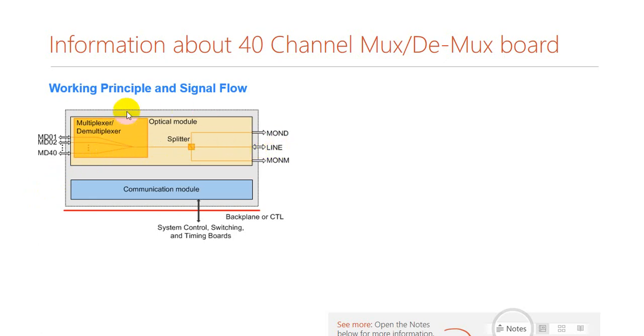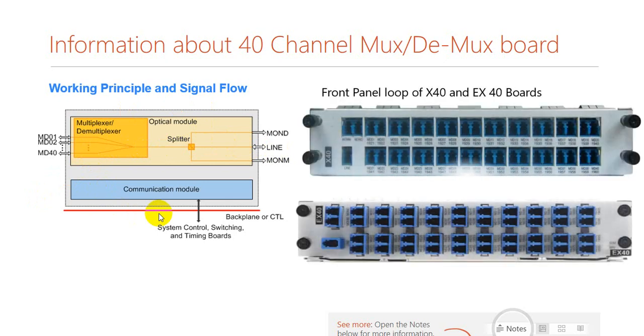This board is shown with two directions, which means the same board can be used as a multiplexer as well as a demultiplexer. The port is called multiplexer demultiplexer number 1, and it is both directions. In one case, as a multiplexer, the arrow has to be outward. If you want to use it as a demultiplexer, then the arrow line will be inward.